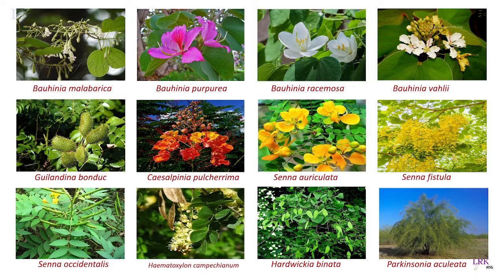Okay, and the next one, this one is Hardwickia binata. We call it Epi or Naravepa in Telugu, and in Hindi it is popularly called Anjan tree. And this is Parkinsonia aculeata, which is a xerophyte in this subfamily, and we call it Jiluga, and in Hindi Vilaiti kikar.